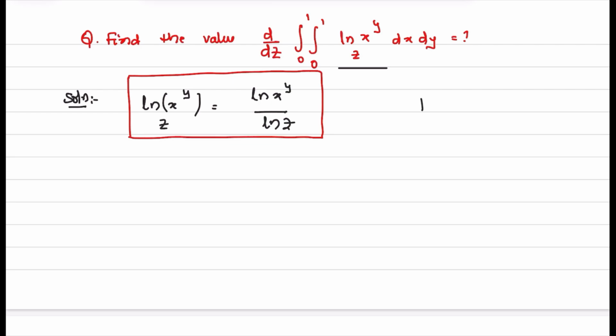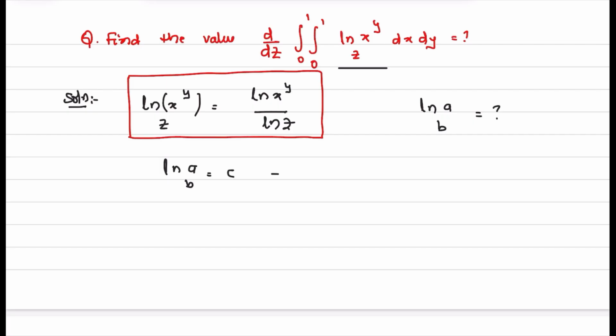For example, what is log a to the base b?